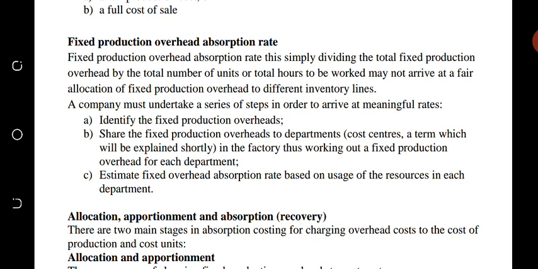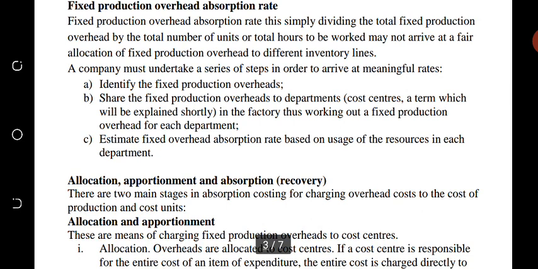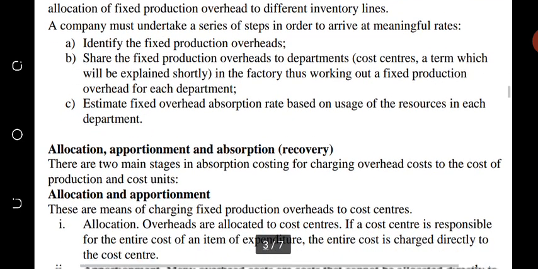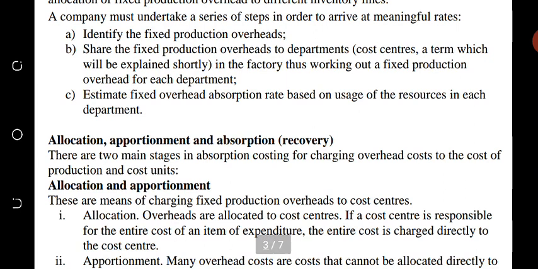The company must undertake a series of steps in order to arrive at a meaningful rate. One, identify the fixed production overhead, which means you must identify the total budgeted fixed production overhead. Share the fixed production overhead to departments or cost centers, which will be explained shortly.